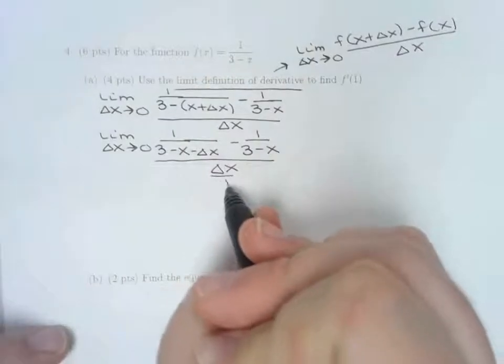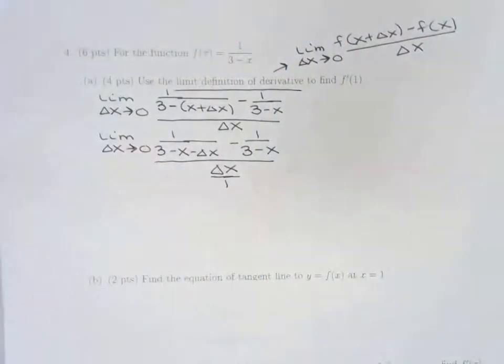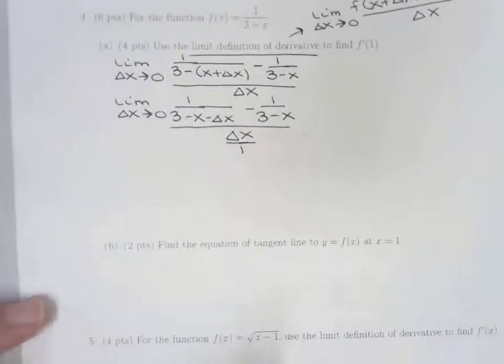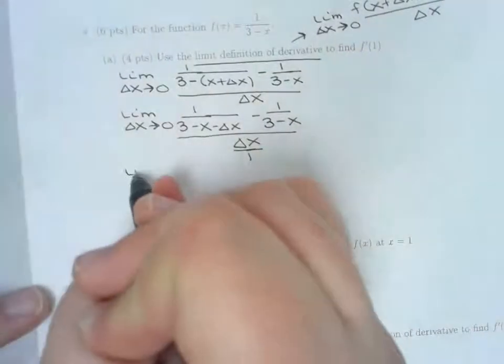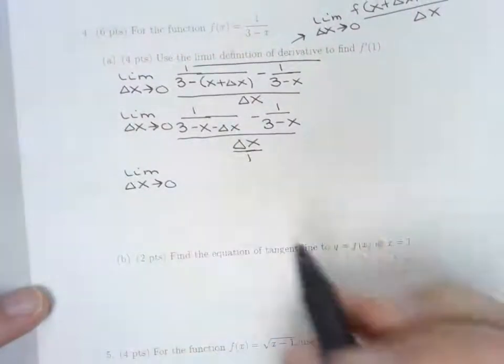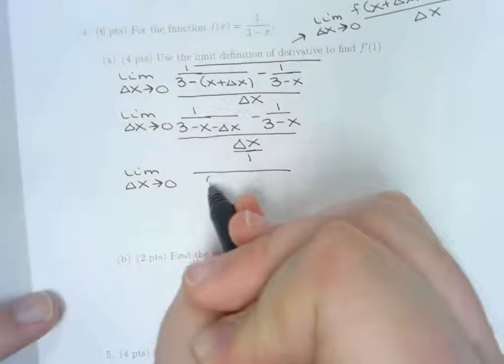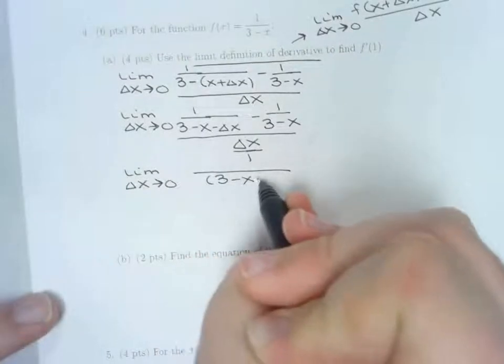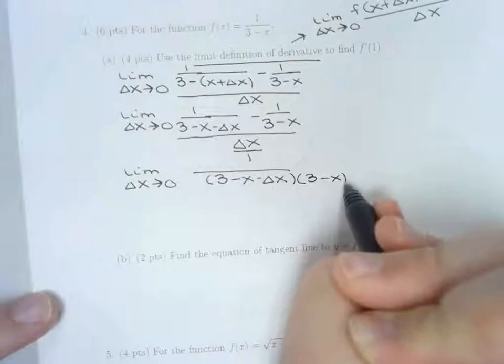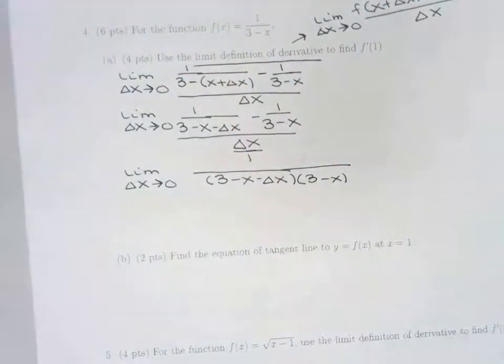This delta x is over 1, so we're going to look at the top part and the bottom part. My common denominator is going to be what? Yep, just multiply them together. So my common denominator is going to be 3 minus x minus delta x times 3 minus x. Not bad, because I only have 1s in each fraction on top.